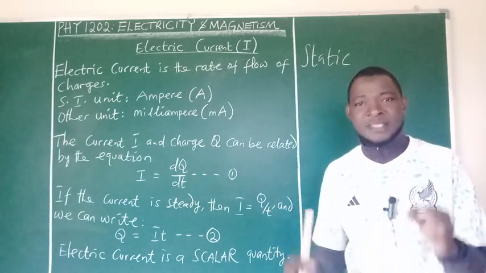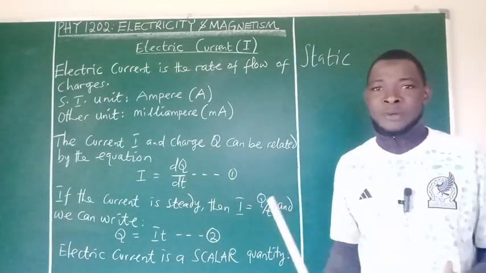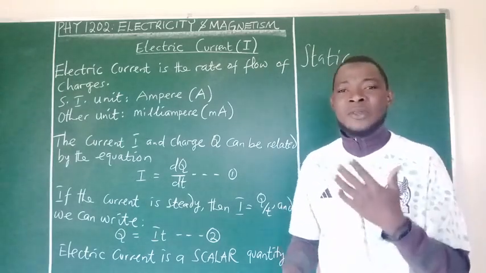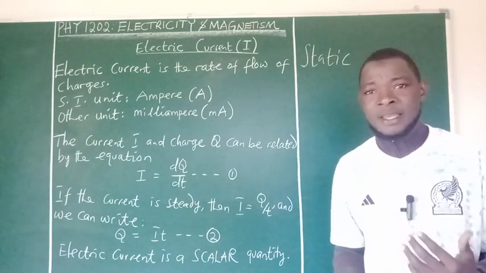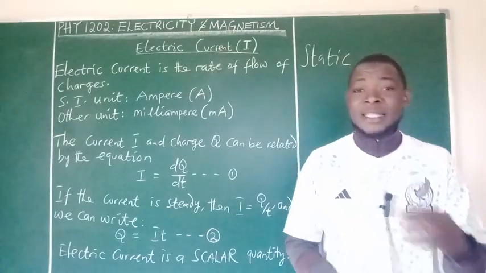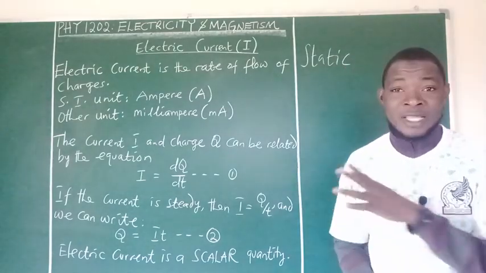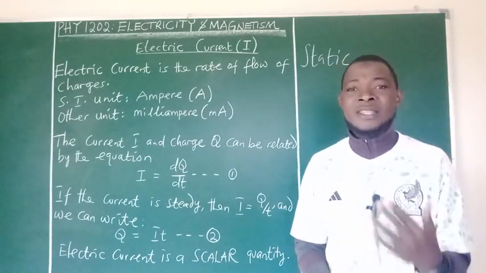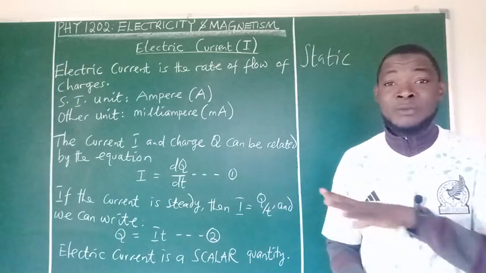You have charges at rest, they do not flow, and you are only trying to understand the behavior, the characteristics of those charges at rest. In this situation, you don't have electric current at all, because for you to have electric current, charges must flow.